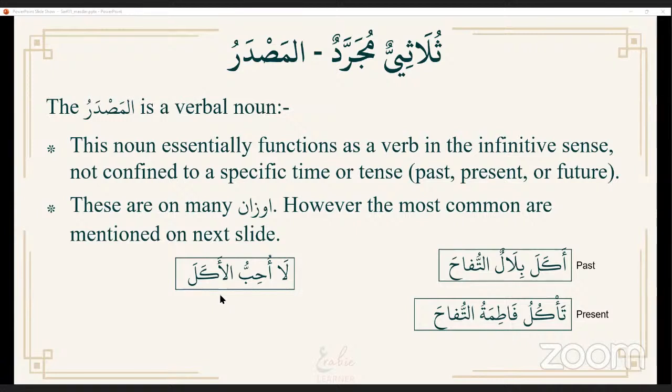Mansub. So what is the marfu word for eating? What is the marfu word for eating?